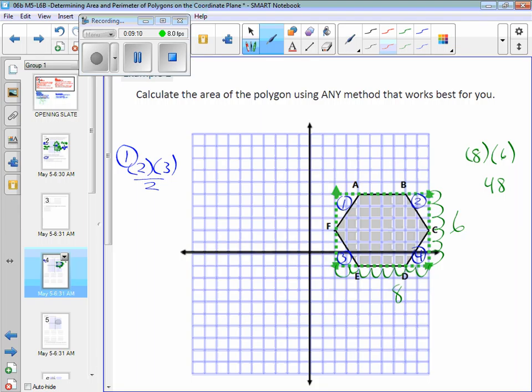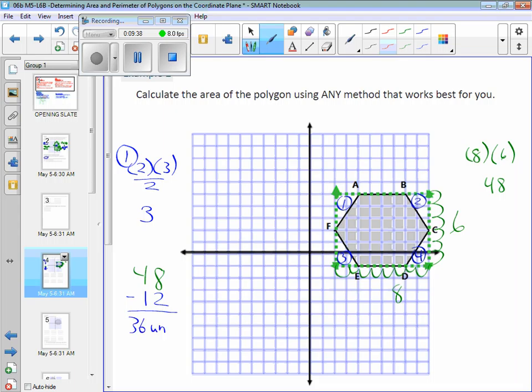At that point, because you're smart and you realize, oh, all of the remaining triangles are also worth 3, then you show me that you're taking that 48 and you're subtracting how much? 12. I can follow your reasoning. I can see what you're doing. And you get 36 square units.